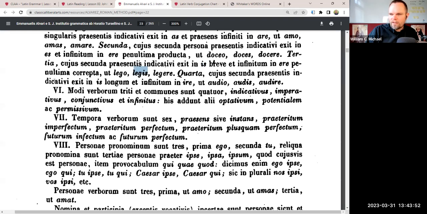And now we're told here that the fourth conjugation, the second person ends in is. What's the difference between these two conjugations? See if anybody can figure it out. What's the difference between these two? They both end in is. How would we tell the difference? Can anybody figure that out?